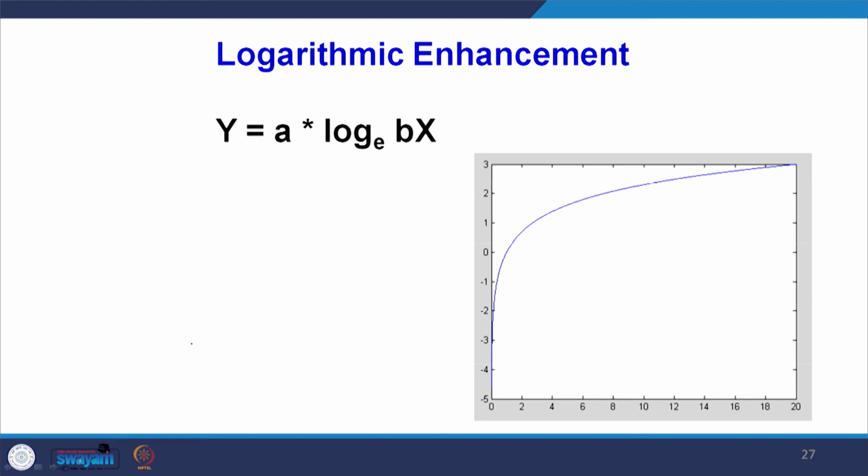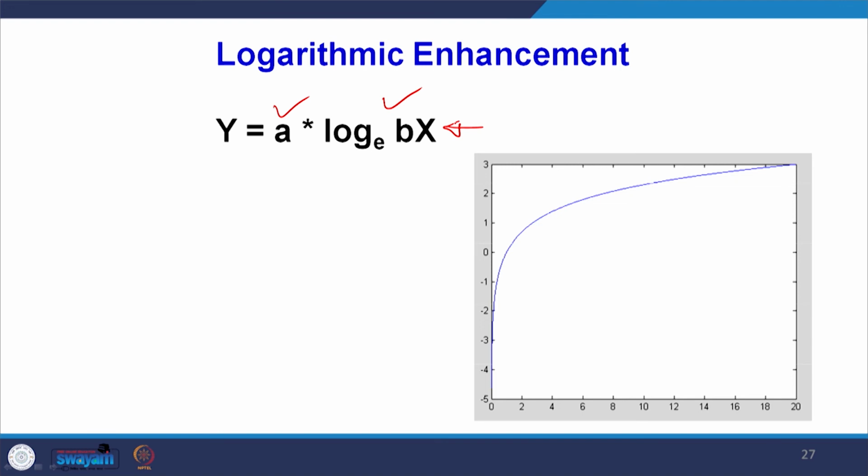The other technique is the logarithmic enhancement technique, where a simple equation like y = a log e^(bx) is used, where a and b are again constants, x is the digital value of the pixel which is to be enhanced, and y is the output. So this is the curve of the logarithmic enhancement.